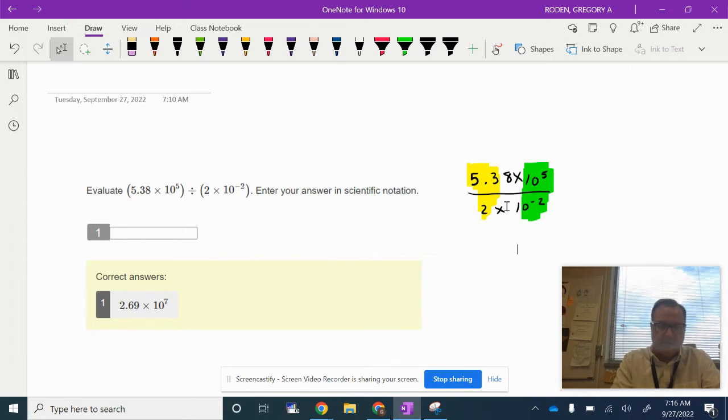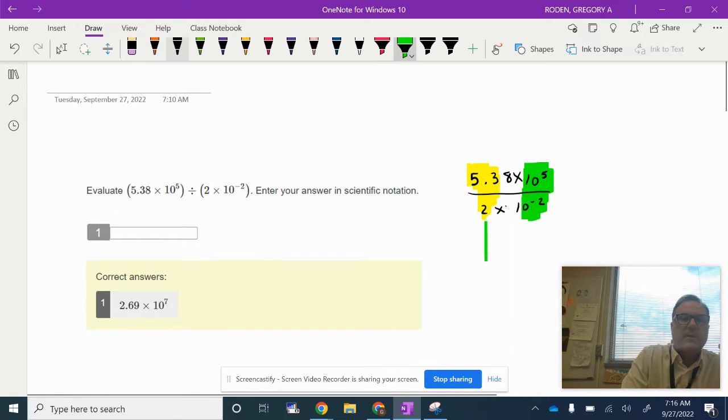Hopefully you don't need to know how to do long division here. 5.38 divided by 2 gives me 2.69. So this is going to be 2.69.